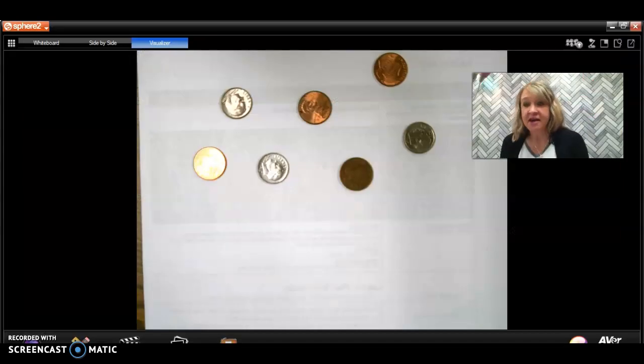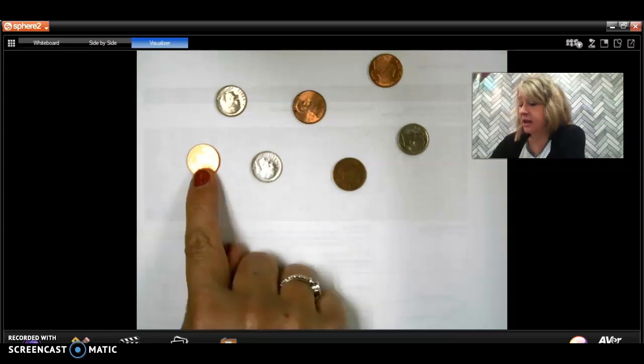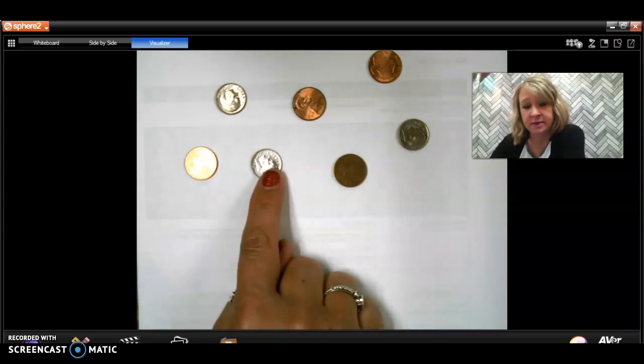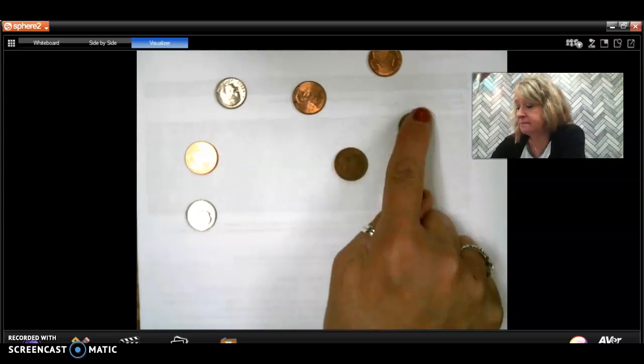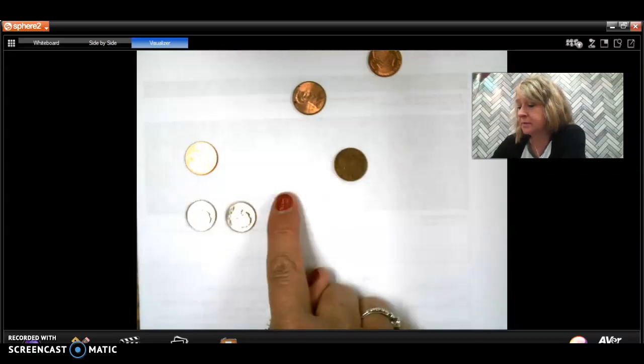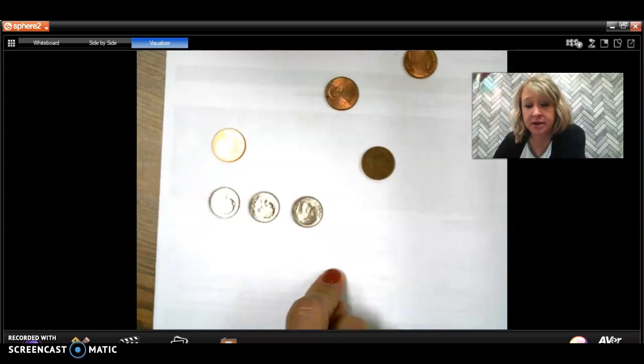Okay, everybody got their place value blocks? Good. All right, so the first thing we need to do is start with the coin that has the largest value. Is that going to be my pennies or my dimes? My dimes. So I'm going to pull my dimes down. Okay, so I have 3 dimes.